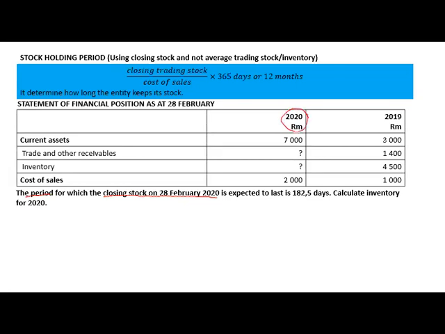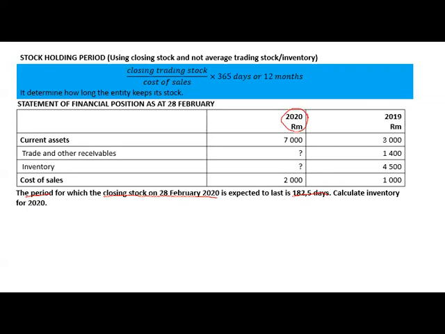So that closing stock, only closing stock for 2020, we expect to have it for 182.5. Do you see? Only closing stock for 2020. Here they've been specific. So this 182.5 is the stock holding period for stock relating to 2020, not for stock in general, only for stock relating to 2020.